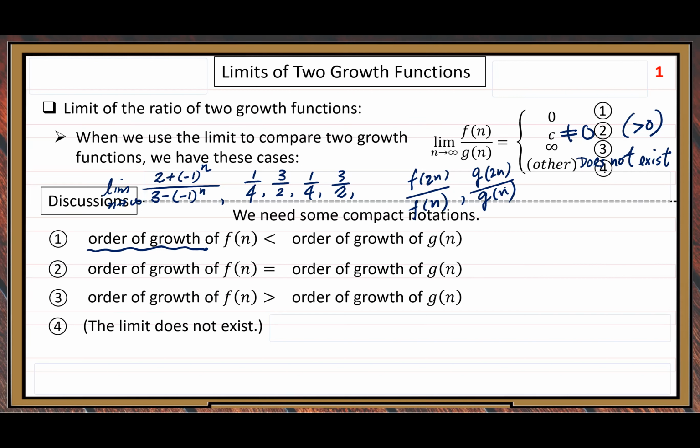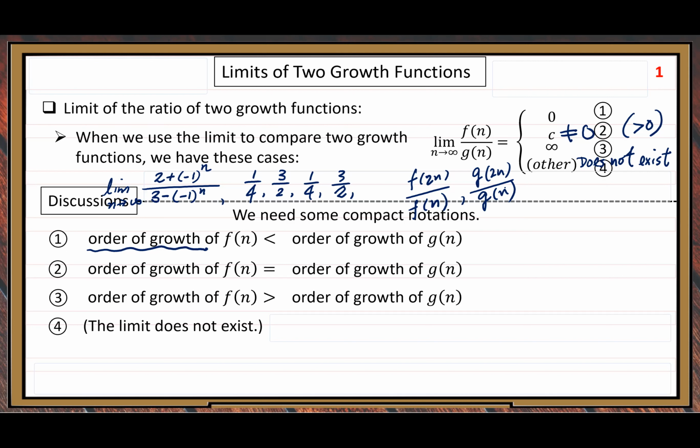But for these cases in our future discussion, we want to use some compact notations to represent all these cases. We do not want to write a lot of words. So we want to use some special abstract notations to represent the same meaning.